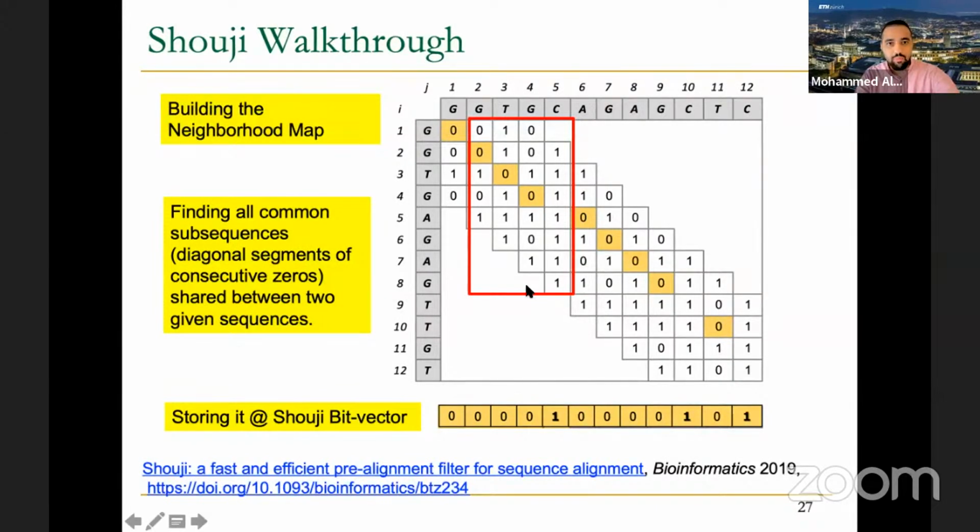So the problem is solved by dealing with the entire matrix, which can be really huge. Think about a 1 million long sequence times a 1 million long sequence. So this matrix can be huge, and then we divide it into search windows of width 4, which is a fixed size, perfect for FPGAs and hardware design. That is an ideal scenario where you can divide it into diagonals of size 4 that are totally independent, although they are overlapped.